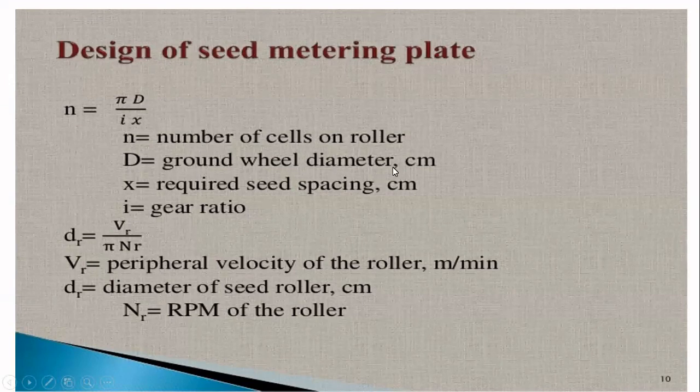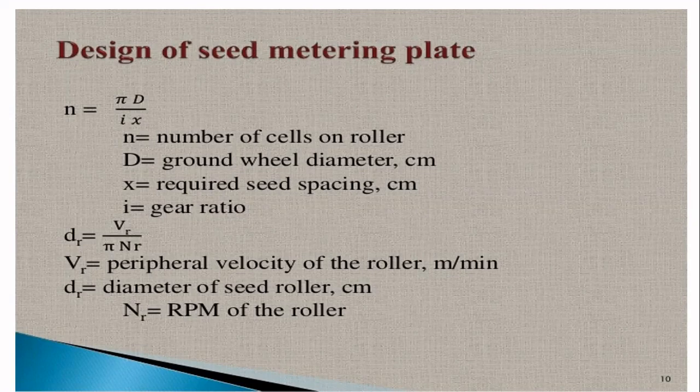The parameters are ground wheel diameter, required speed, seed spacing and gear ratio. Why gear ratio? I told you the ground wheel and the seed metering wheel are interconnected by a chain, but we don't know the number of teeth. A wheel is a round material having teeth.